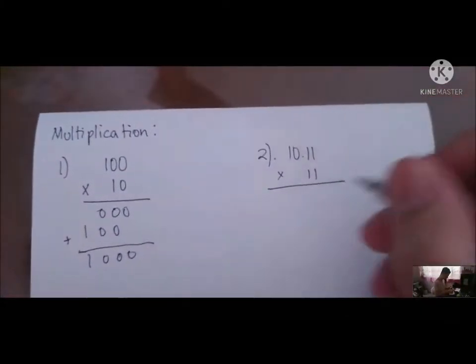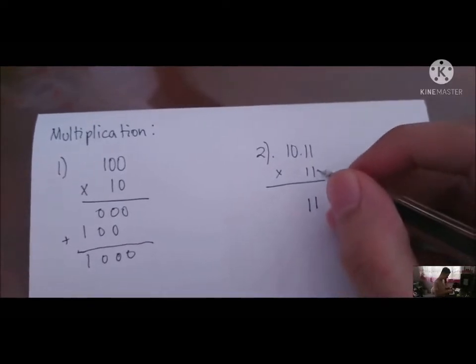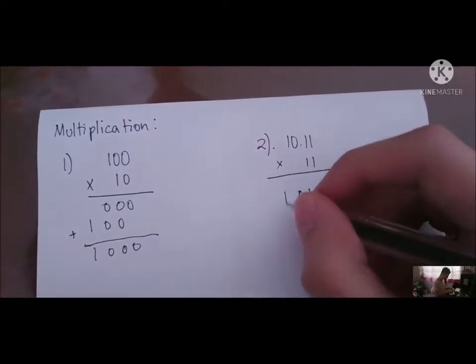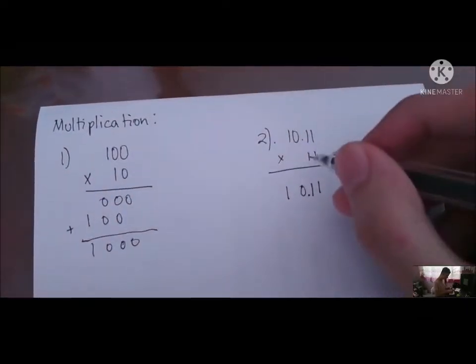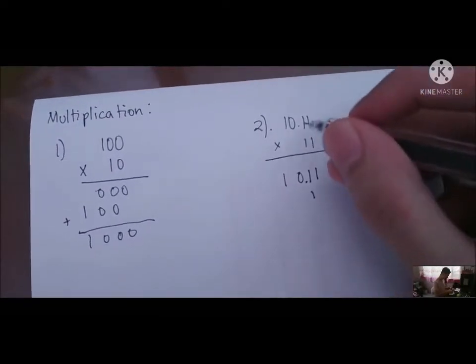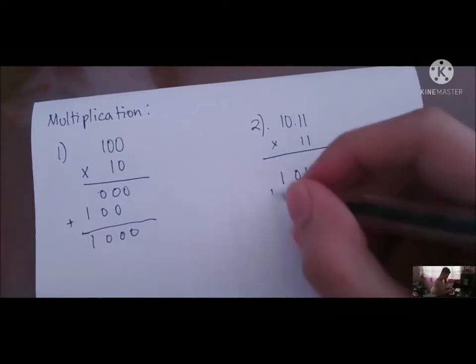In the second example, 1 times 1 is equal to 1, 1 times 1 is equal to 1, 1 times 0 is equal to 0, and 1 times 1 is equal to 1. We put the decimal points on the second line here. So 1 times 1 is equal to 1, 1 times 1 is equal to 1, 1 times 0 is equal to 0, and 1 times 1 is equal to 1.